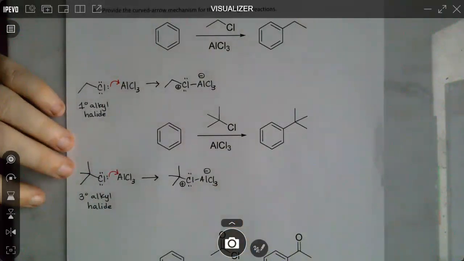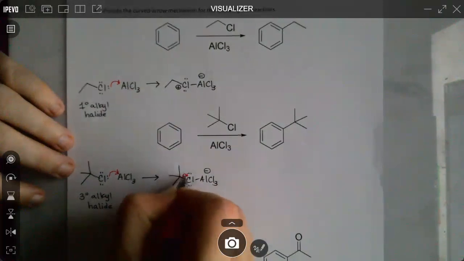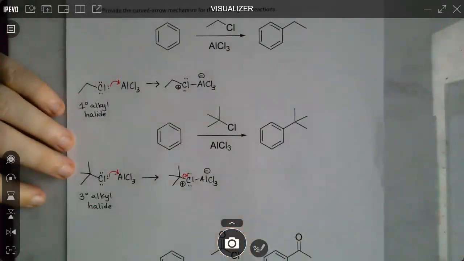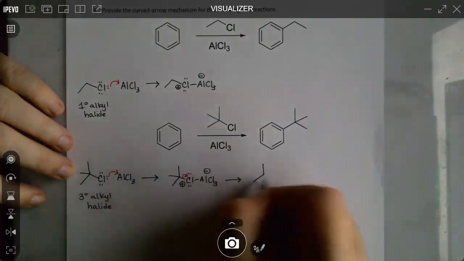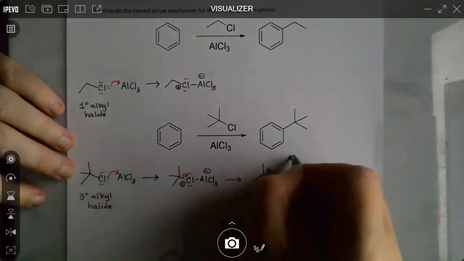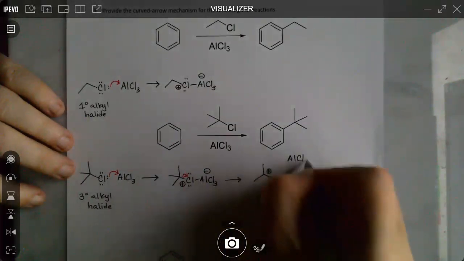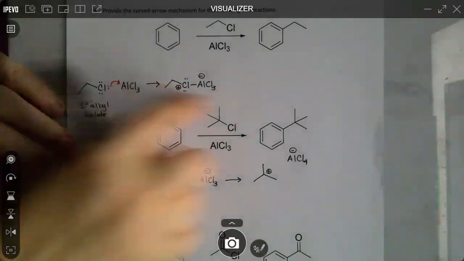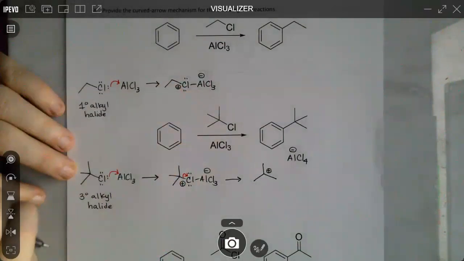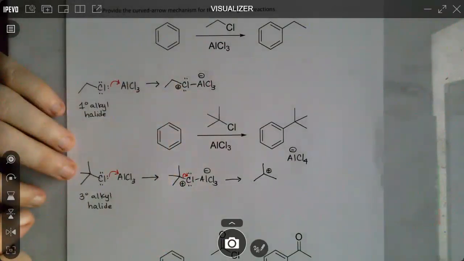With the tertiary alkyl halide, we can go ahead and do loss of a leaving group because it's going to form a stable carbocation. But with the primary alkyl halide, we don't want to draw that because we never form primary carbocations.